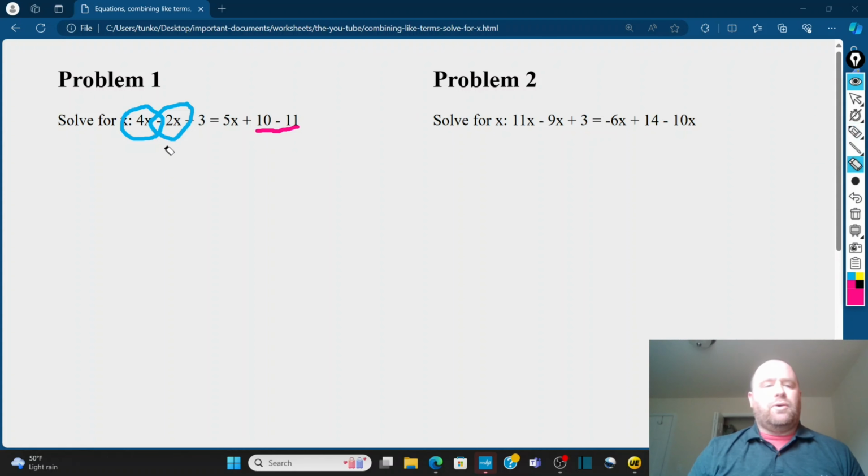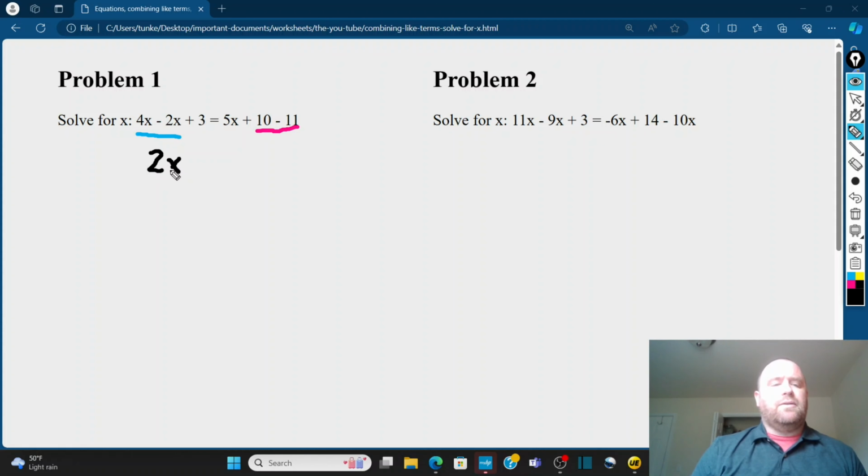And we also want to simplify the left side a bit by subtracting 2x from 4x. So 4x minus 2x. If we have 4x and we take away 2x, we have 2x left. Okay, so the left-hand side becomes 2x plus 3.